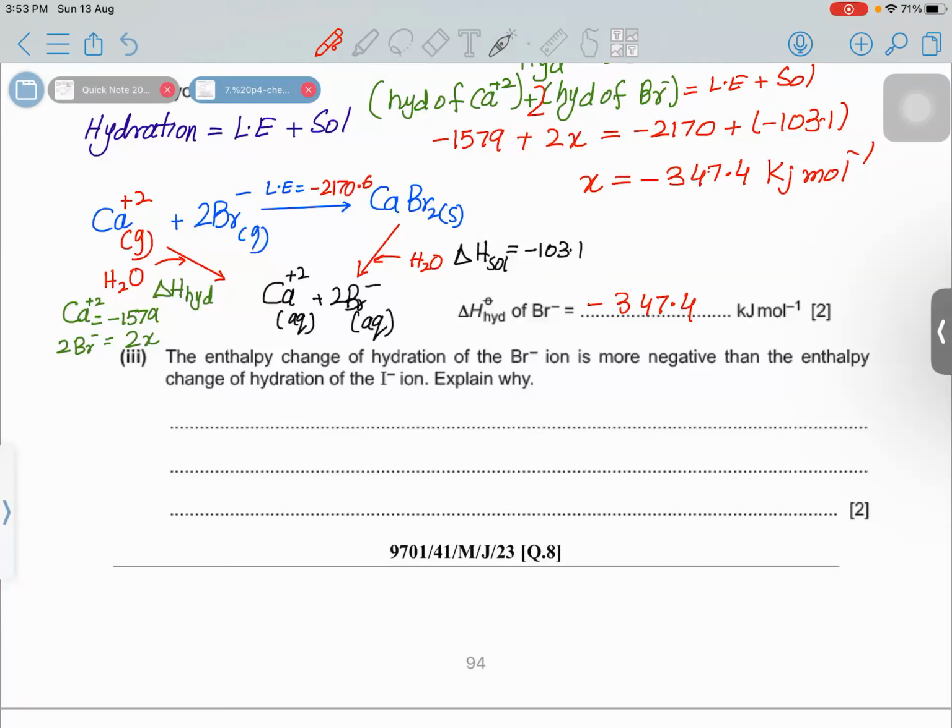So which one has more charge? The charge is the same. So the only factor is size.